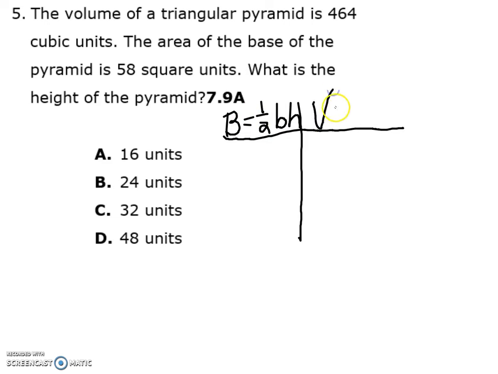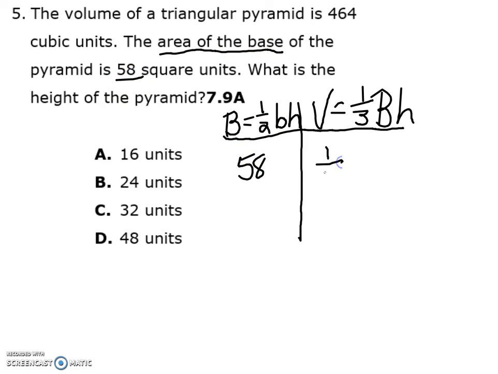It's a pyramid, so volume equals 1/3 the area of the base times the height of the pyramid. Well, it tells you that the area of the base is 58. So we can just put in 58 here. So we're going to say 1/3 of 58 times the height, which we don't know, equals 464.